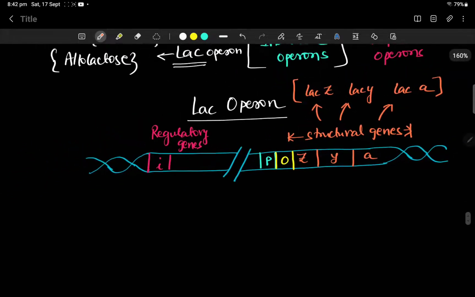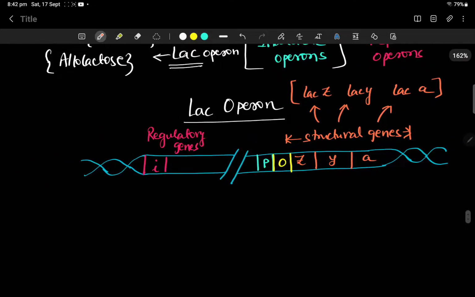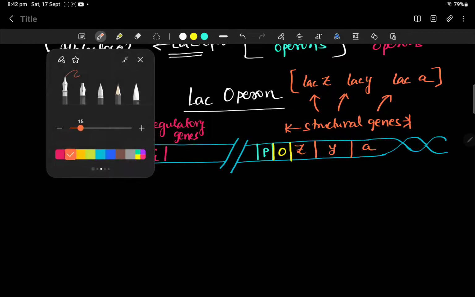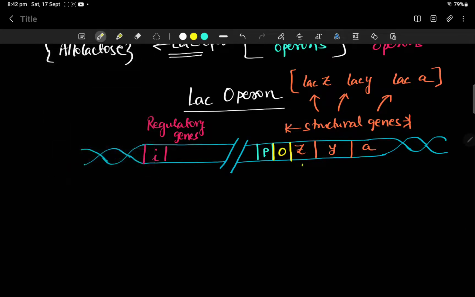When the organism is metabolizing lactose, all these genes are functional and they will produce their respective mRNA. Lac Z will produce the Lac Z mRNA, Y will produce the Lac Y mRNA, and A will produce the Lac A mRNA.